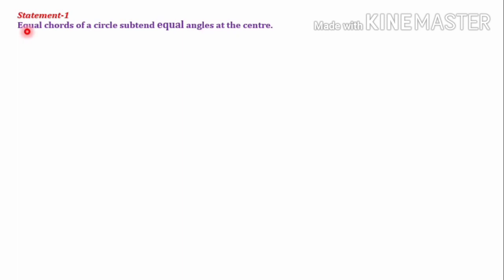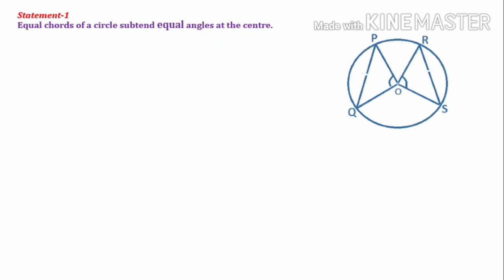So equal chords of a circle subtend equal angles at the center. Let's visualize it. There is a circle and two chords PQ and RS, because the end points are on the circle. End points P and Q are on the circle, R and S are on the circle. So PQ and RS are two chords.